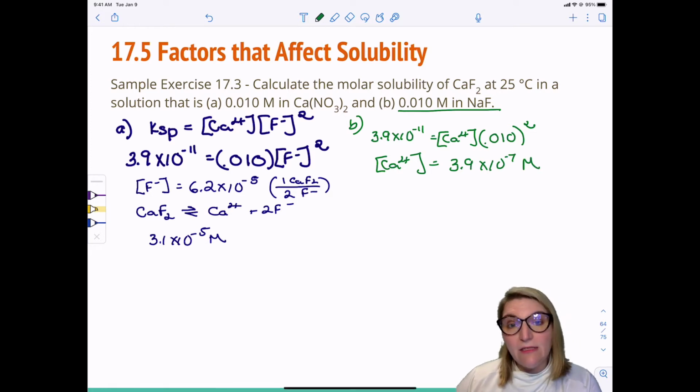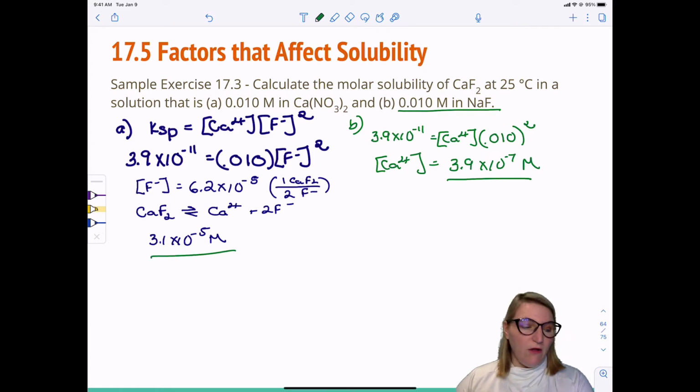Since calcium ion and calcium fluoride have the same coefficient, that is the molar solubility of calcium fluoride in a solution that is already 0.010 molar in fluoride ion. So we can see both of these numbers are lower than they would be if we dissolved it in pure water.